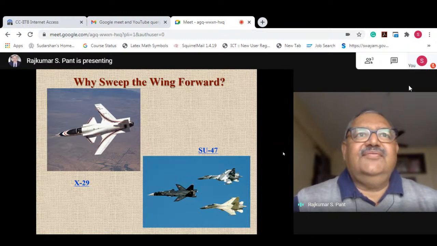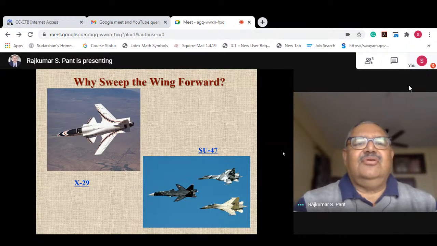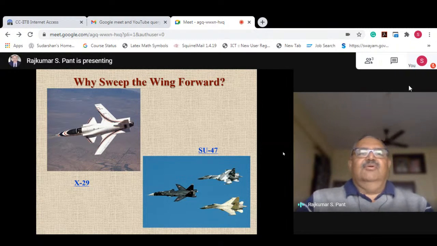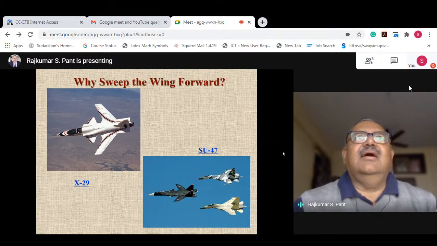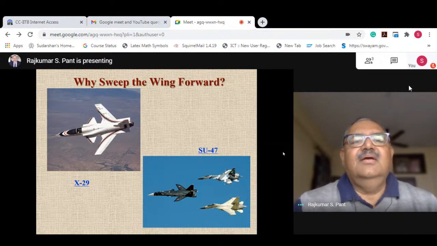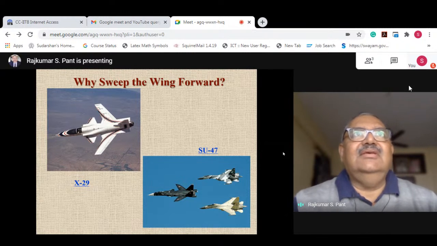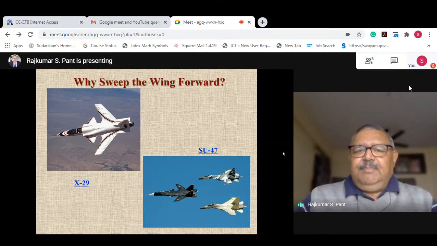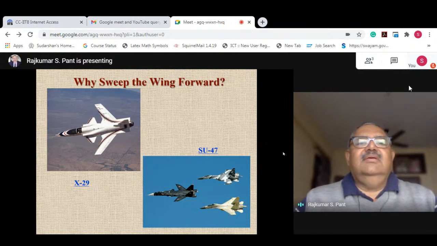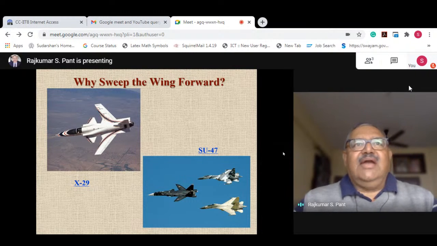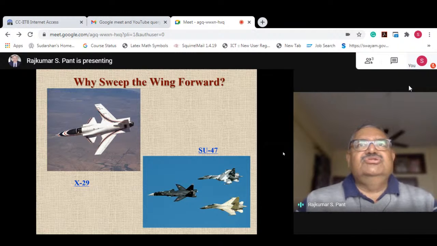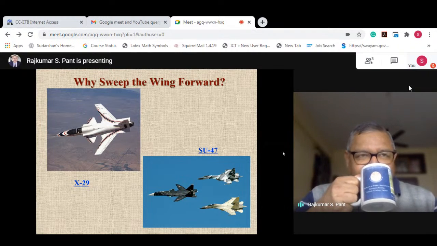The air is gathered from the tips towards the root, as shown in those lines, and therefore the root portion of the aircraft tends to get more and stronger airflow, and the tip portions tend to get lesser airflow. The tip is the place where the ailerons are located, and if ailerons are in a stalled region of the aircraft, then you lose the lateral control.